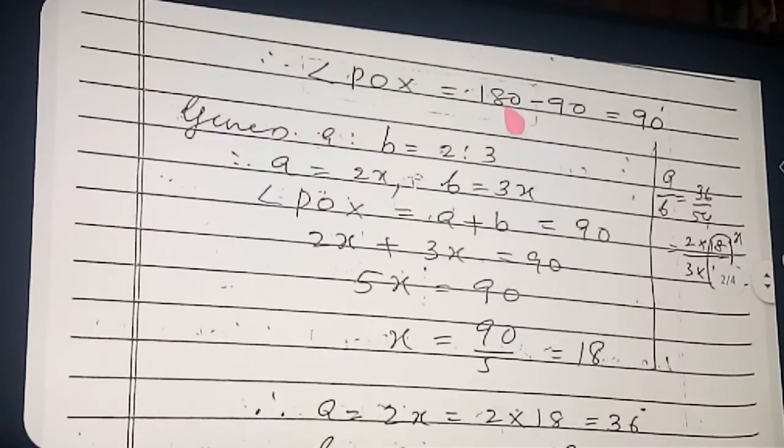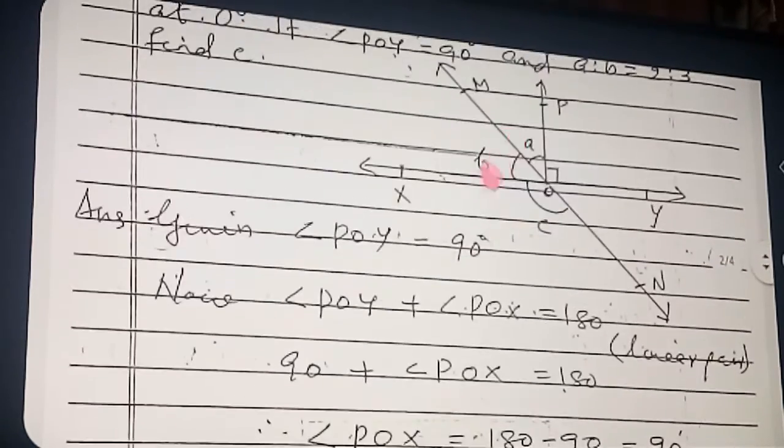Go and see the diagram again. See here, A you got as 36 and B you got as 54. Now very clearly you know that this line XY and this line MN are intersecting at a point O. So what is the measure of this angle and this angle?